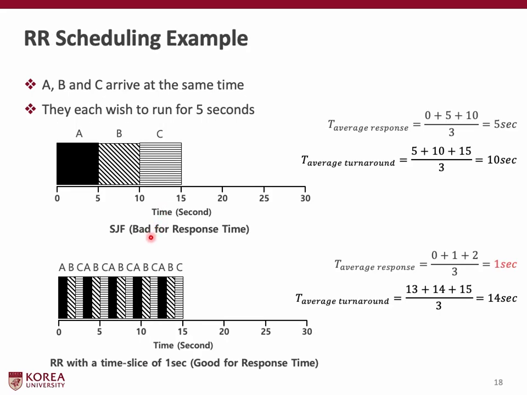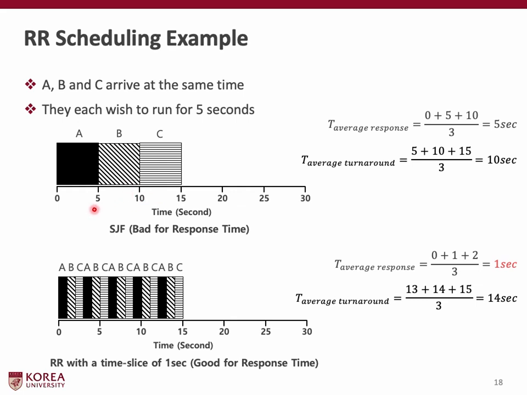Okay, now let's compare how SJF and round robin perform using the same workload. Suppose we have three jobs, A, B, and C, and they all arrive at the same time. Each job requires 5 seconds of CPU time. Let's start with SJF.